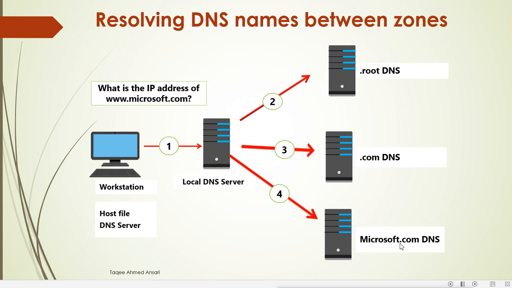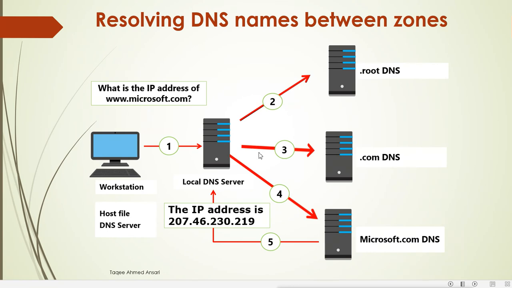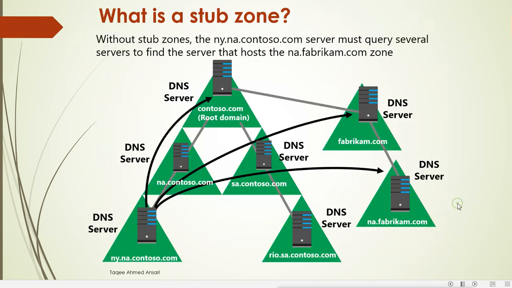This query is for the forward lookup zone, so it will check the forward lookup zone, find the name and the IP address of this name, and send the reply to the local DNS server that this is the IP address. Now the local DNS server will send the reply to our local machine, and that is how it works.